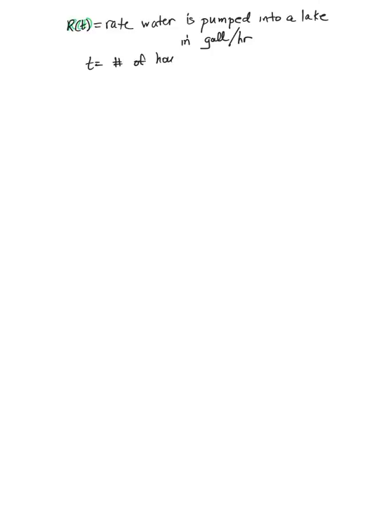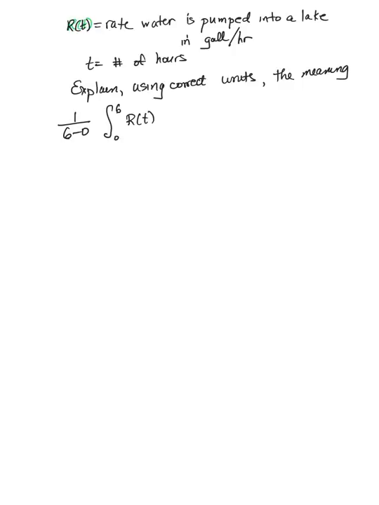If R of t, the wrong color again, R of t represents the rate water is pumped into a lake in gallons per hour, and t is the number of hours, explain using correct units the meaning of this expression. Okay, pause the video and then restart it to check your answer.